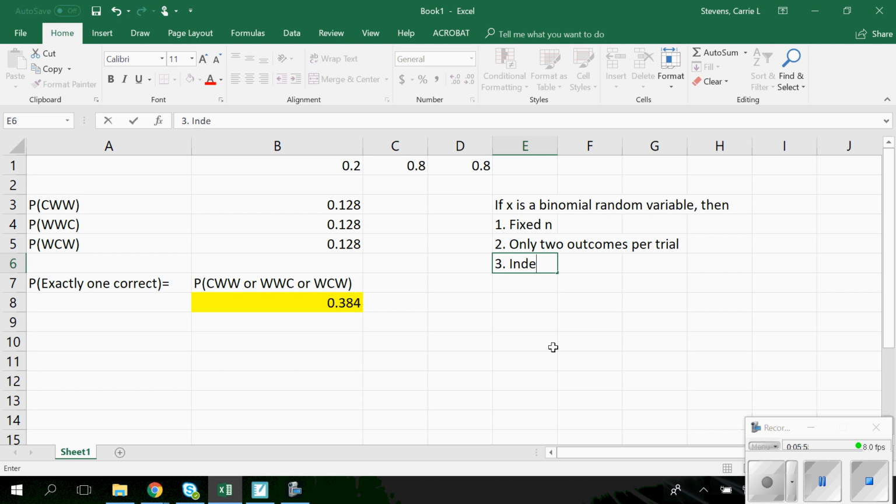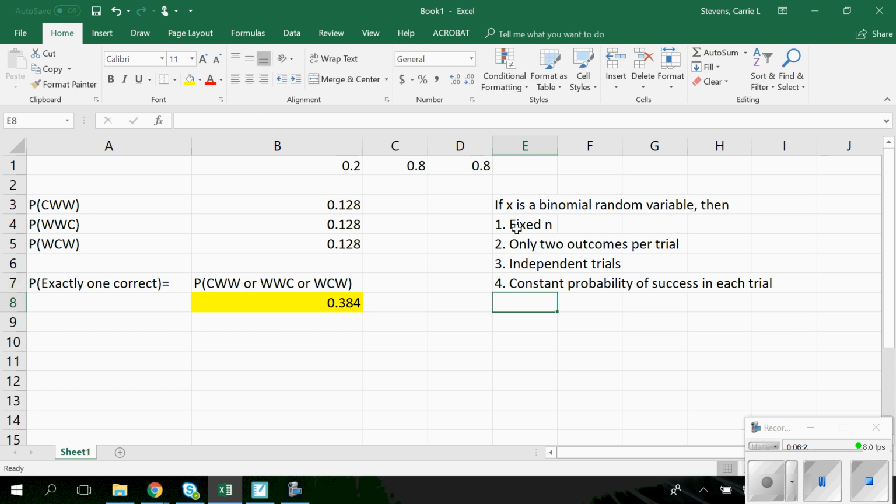We have independent trials, so that the probability of one trial doesn't affect the probability of the next trial. And we have constant probability of success in each trial, meaning that the probability for, in this case, of getting a correct answer is always 1 out of 5 in all 3 trials.